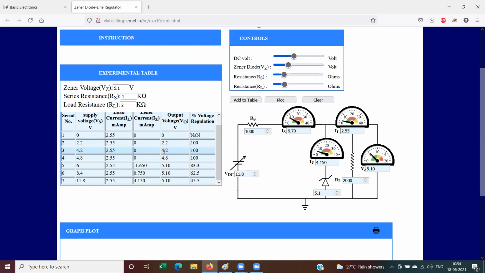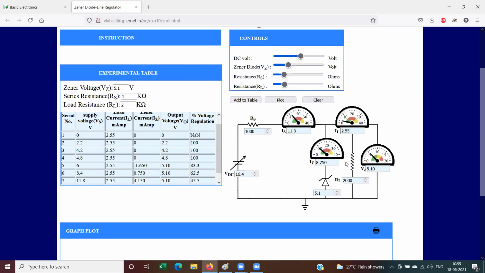Keep on increasing, change the value of this. You will find that this current is increasing. And if you multiply these two, you will get the value of 11.3 volt. Subtract 11.3 volt from this, you will always get 5.1 volt.